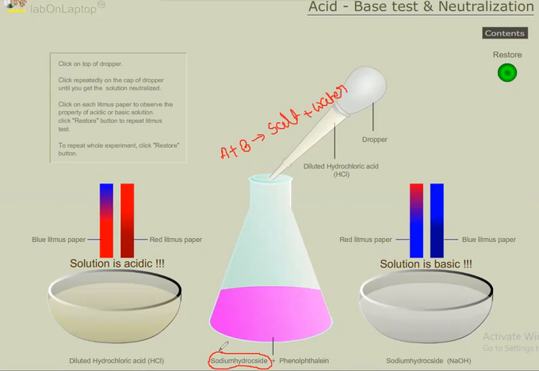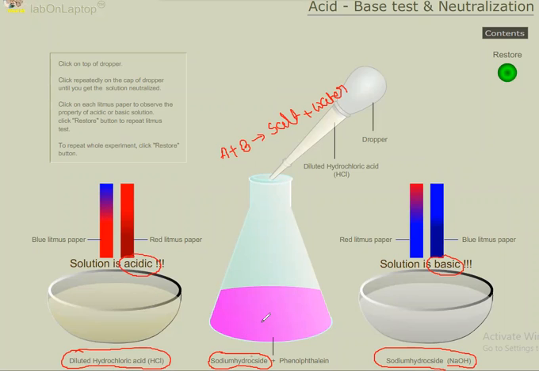Just now we have done that experiment to identify what type of solution that is. Sodium hydroxide, NaOH, is a basic solution. Is it right? And we have also done one more experiment with hydrochloric acid, and identified that it is an acidic solution.